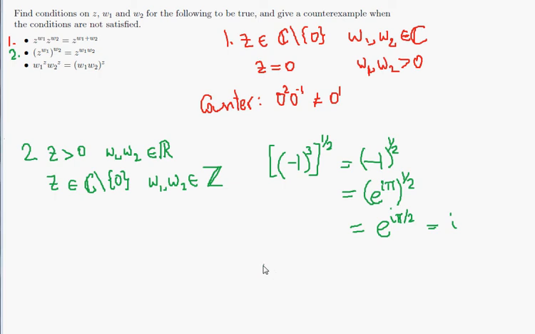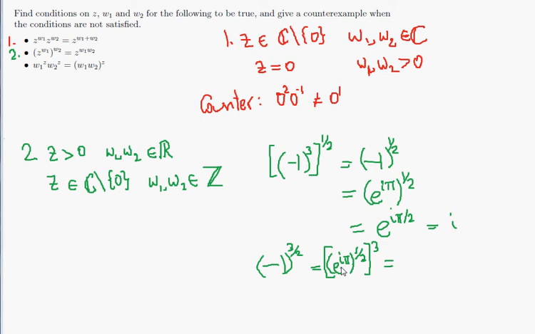However, if I take negative 1 to the 3/2, that is equal to e to the i pi to the 3/2, which is by definition equal to e to the i pi to the 1/2, to the third. That's the way we do a fractional exponent when the numerator is not equal to 1.